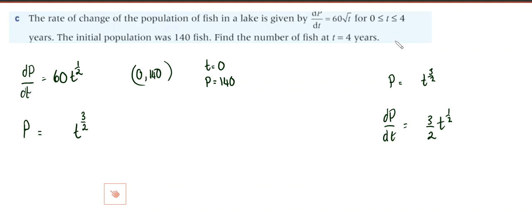But what do I need? I need 60. So how do I get 60? So something times 3 over 2 has to equal 60. So something is going to be 60 times 2 divided by 3.